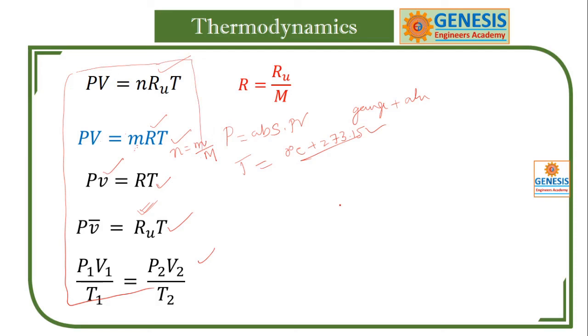Using these equations, we can derive many equations, even entropy and enthalpy equations and steam equations. So you must be expert in these equations. We have discussed Boyle's law, Charles' law, Avogadro's law, Dalton's law of partial pressure, and combining these for ideal gases. Then there is the Van der Waals equation. You have to remember that equation. Okay, thank you.